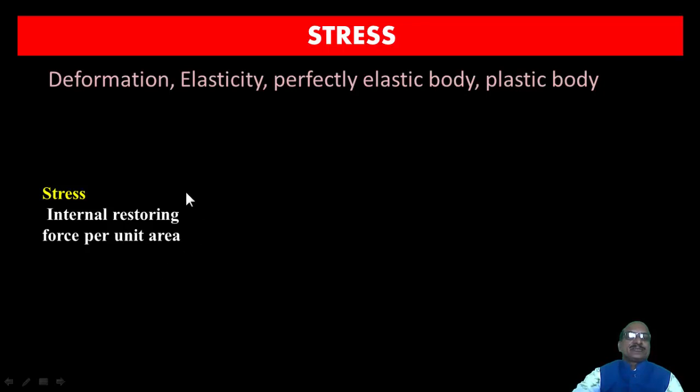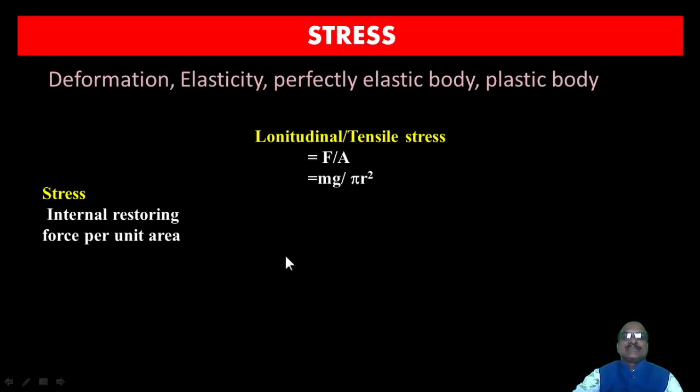There are three types of stresses, depending upon whether there is a change in the length, change in the volume, or change in the shape. The first one is longitudinal or tensile stress. Suppose a wire is stretched by applying the force F on the cross-sectional area A. Then the longitudinal or tensile stress is given by force upon area, force per unit area.